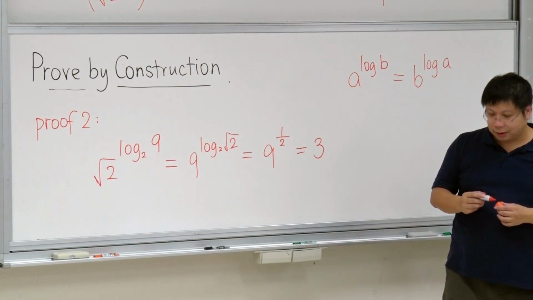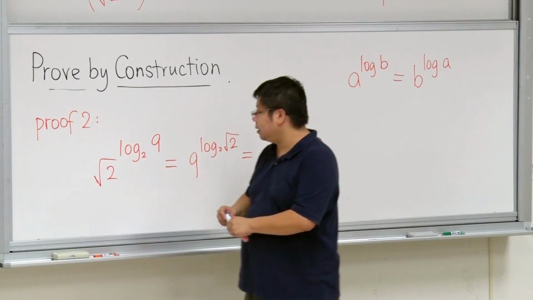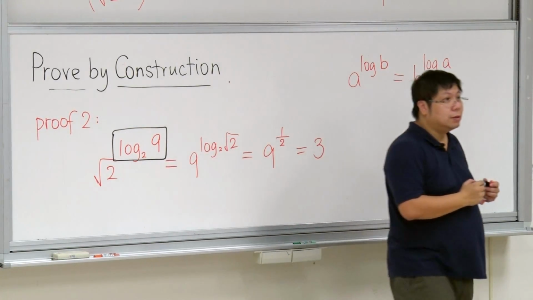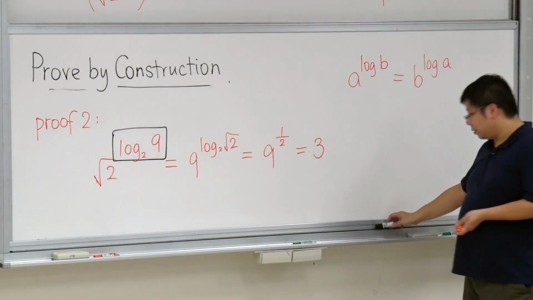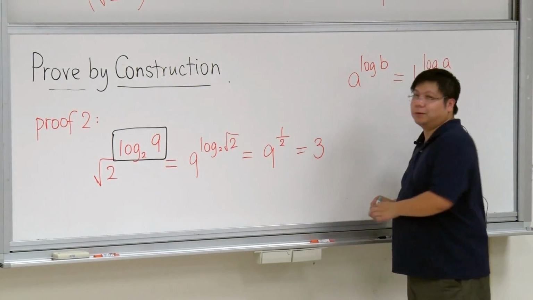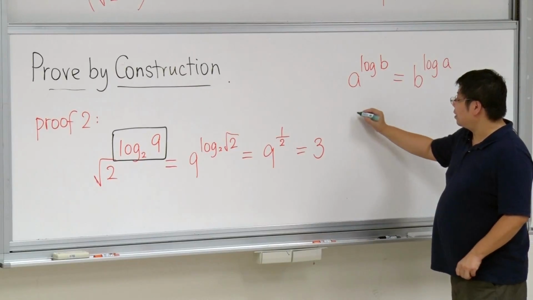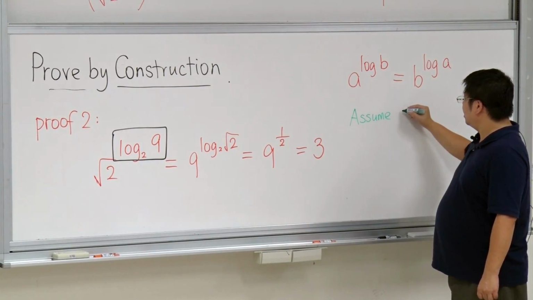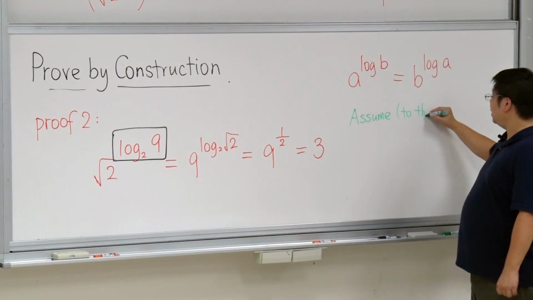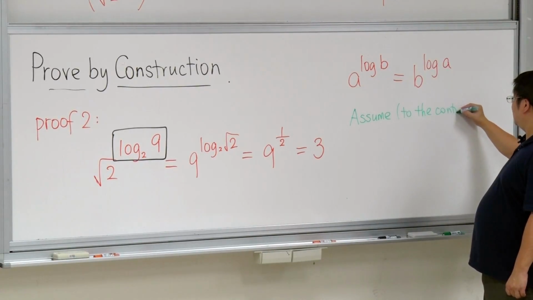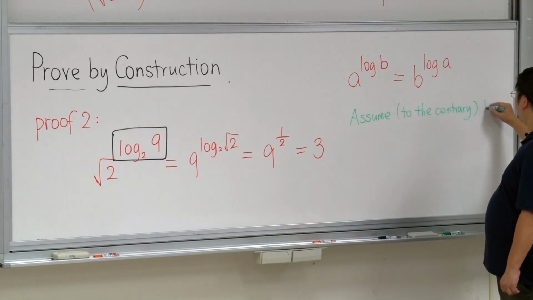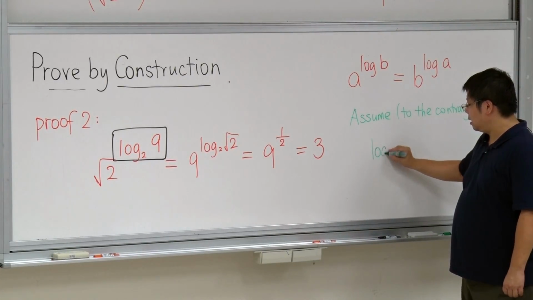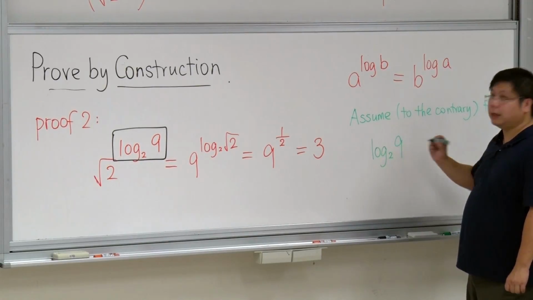So now, it remains to show that this number, log base 2 of 9, is irrational. If you can show that, then done. Okay, and it's not difficult. We prove it by contradiction. So assume to the contrary that log base 2 of 9 is rational.